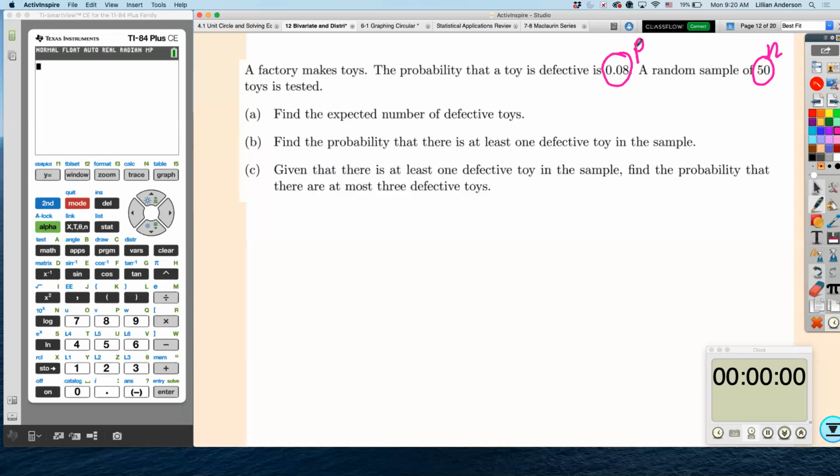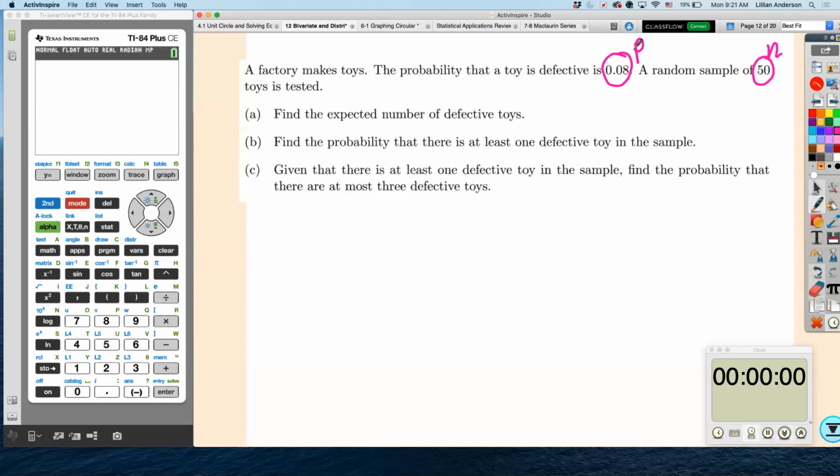So defective technically is our success, hence the air quotation marks. Even though it's the probability of success, it is the probability of us selecting a defective toy. So that is our P, and it's independent each time. I pick up toy number 1, it has a 0.08 probability of being defective. I pick up the second toy, it's the exact same thing, so they're independent of each other.